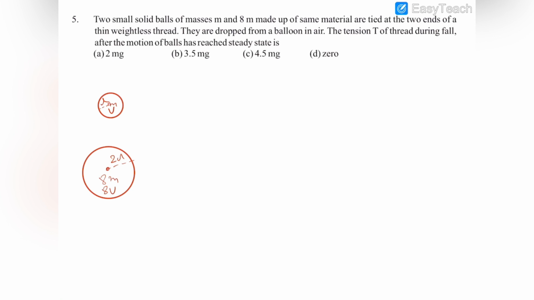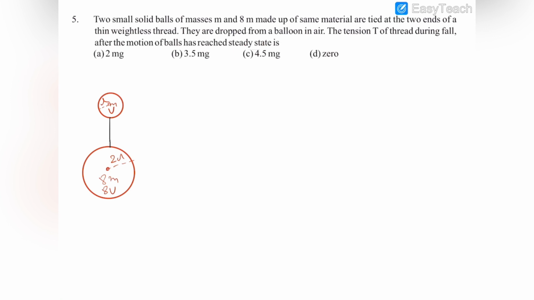So these balls are tied with a thread like that, and they are dropped from a balloon which is moving in the air in the upward direction. Now the thread is weightless, and we have to find out the tension in this thread when these balls have attained steady state. Now the complete idea of this question is hiding behind this word, which is steady state.